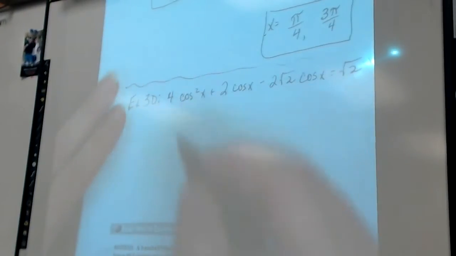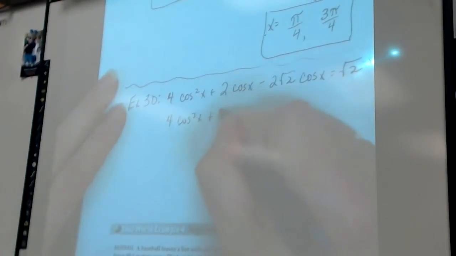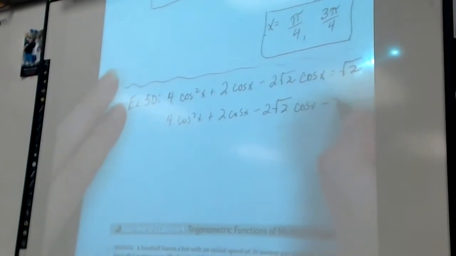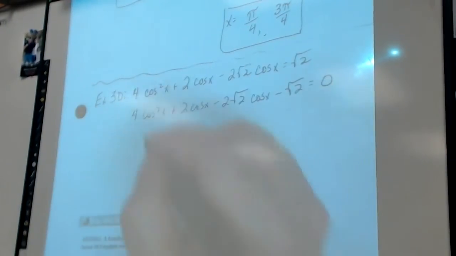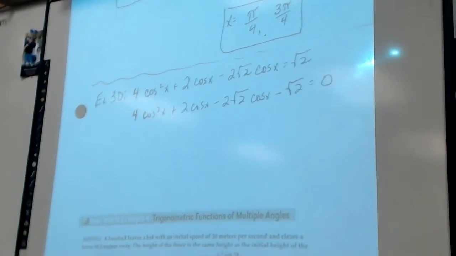Okay, so we have 4 cosine squared x plus 2 cosine x minus 2 times the square root of 2 cosine x minus the square root of 2 equals 0. Now we're still going to be factoring, but by grouping. Do you want me to do one with just an x in it so you can see how it works, or just go with what we're doing?